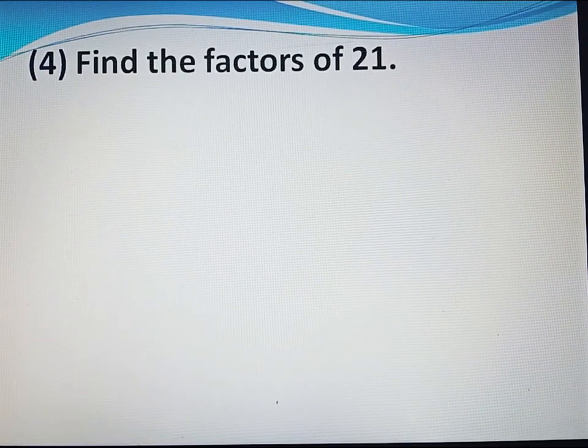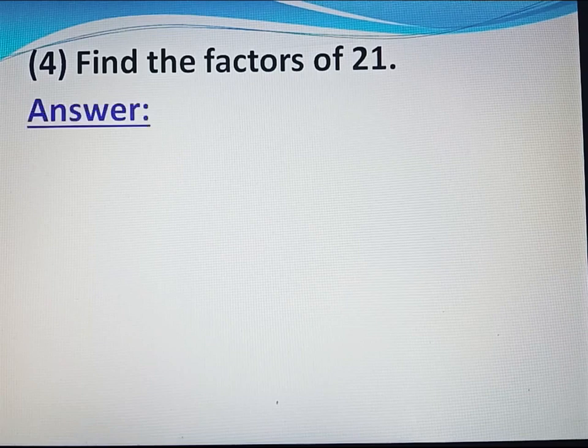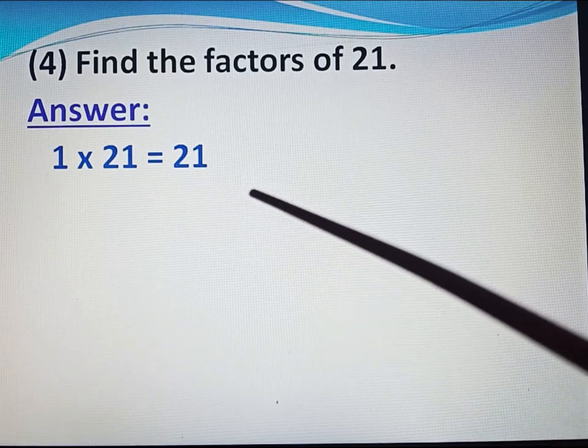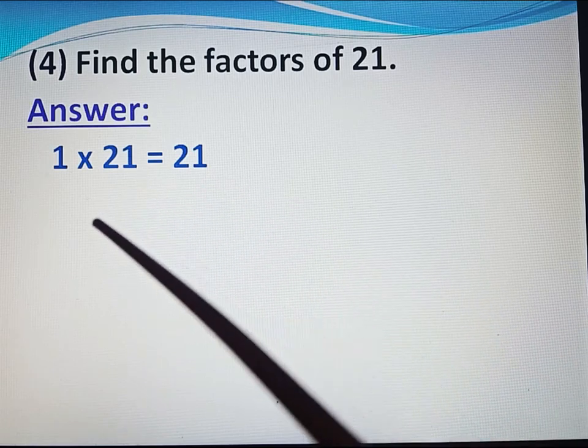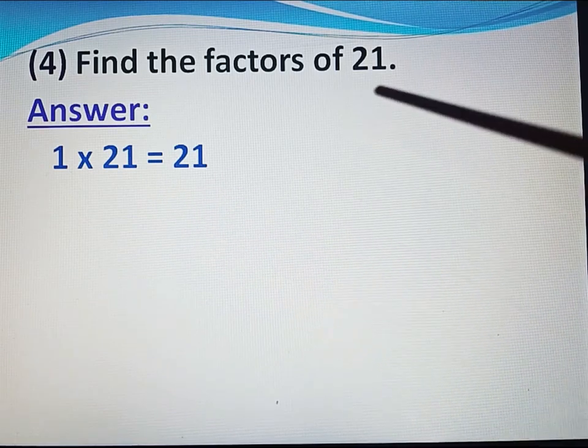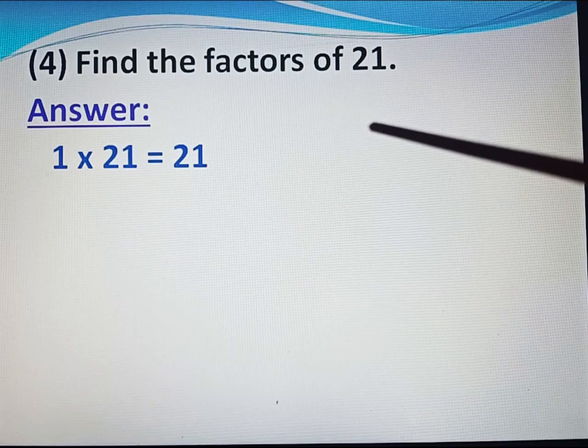Now question number 4. Find the factors of 21. Now we have to calculate the factors of 21. Answer, see, 1 multiply 21 equal 21 or 21 multiply 1 equal 21. Now next, see 21 is not divisible by 2.